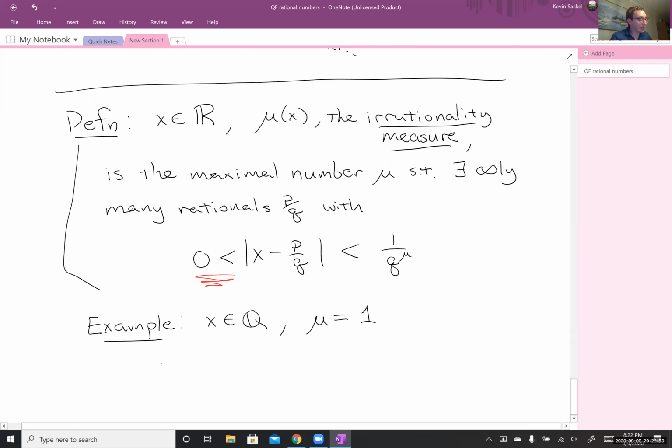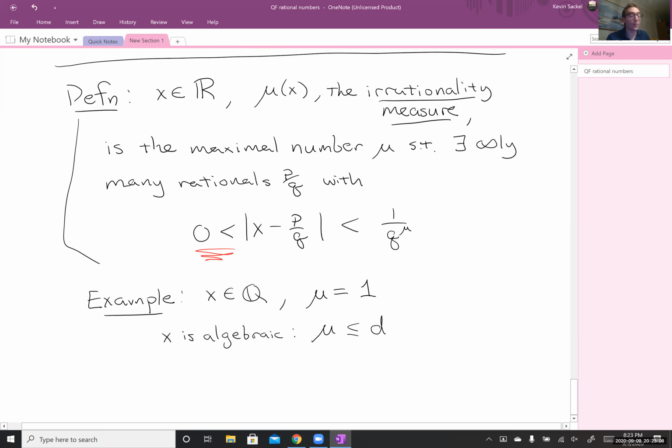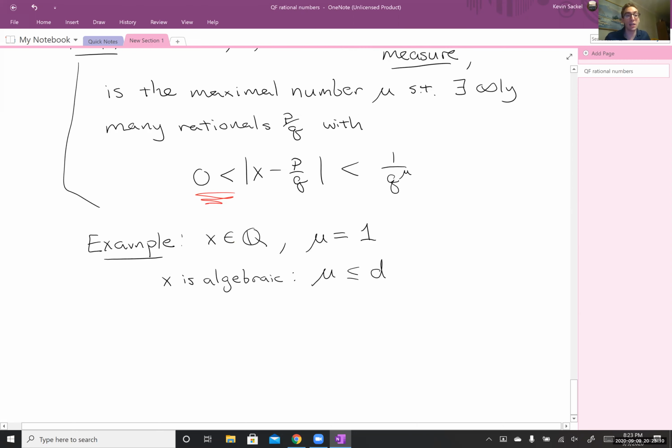And what we showed is that if x is algebraic, then what we must have is that mu is less than or equal to d, where d is the degree. That's a rephrasing of what we stated before.